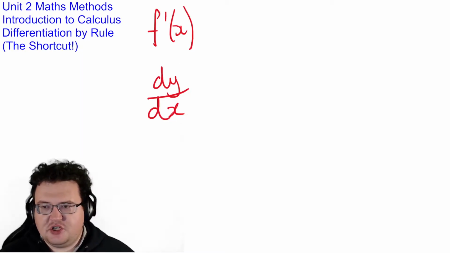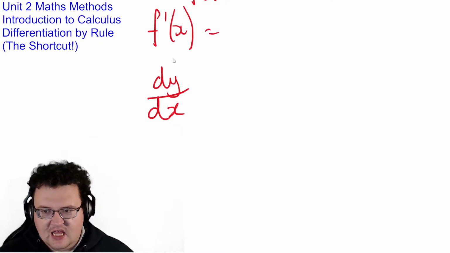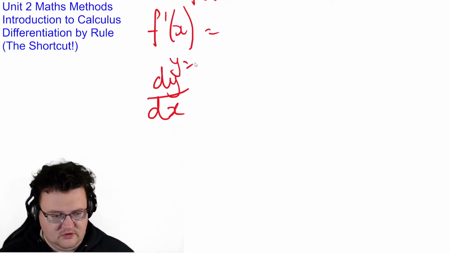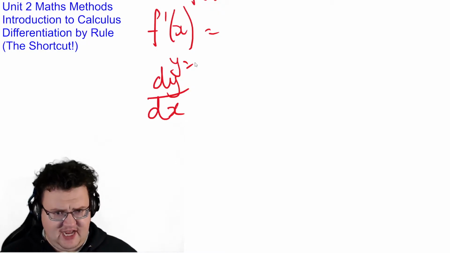So if you're in function notation and you start with f of x and I ask you to find the derivative, you're going to get f dash x. If you start with y equals and I ask you to differentiate it, you're going to get dy dx.